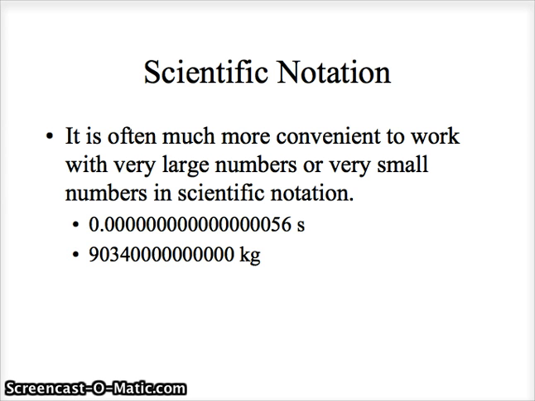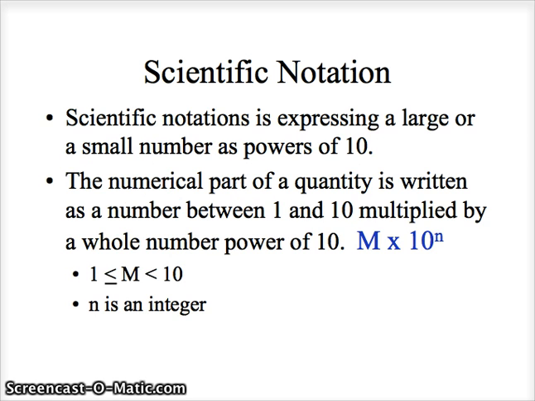So essentially what this PowerPoint is trying to do is to get you to work with scientific notation and doing basic mathematics. Scientific notation is basically expressing a really large or really small number as a power of 10. The numerical part, which is the base number, is designated by m. The m is the base number, and it has to be between 1 and 9.99999, or pretty close to 10.